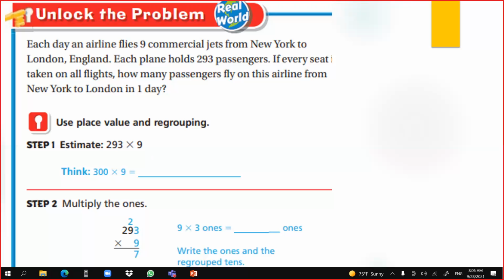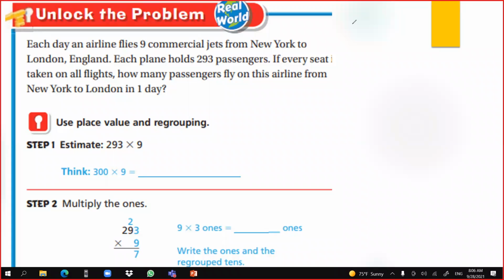Or how can I do it mentally? You just have to estimate 293. So you will say it could be 300.